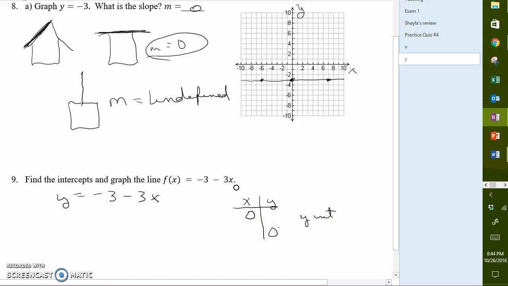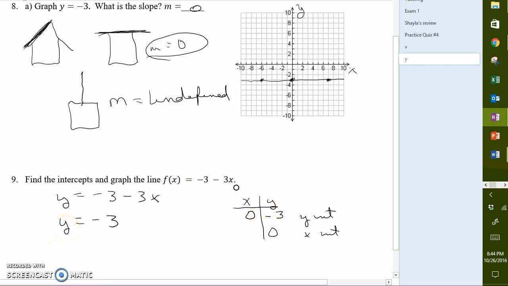So the way you find the y-intercept, let me write that down, is that you make x 0, and y equals -3, and 3x is already 0 because x equals 0. So we put y equals -3.